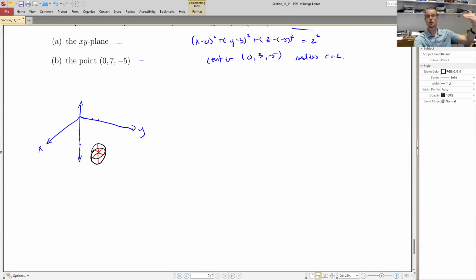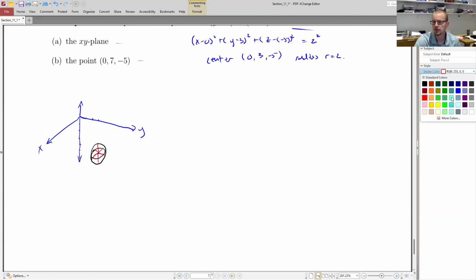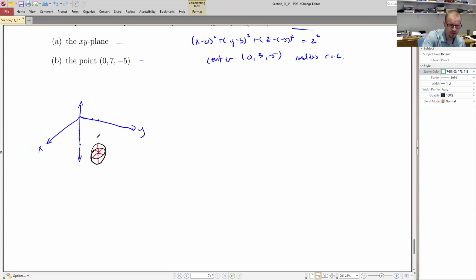So the point that is closest to the XY plane is actually just the point that's on top. So if I go with, well, let's use green here. So right here, the top of the sphere is closest to the XY plane.